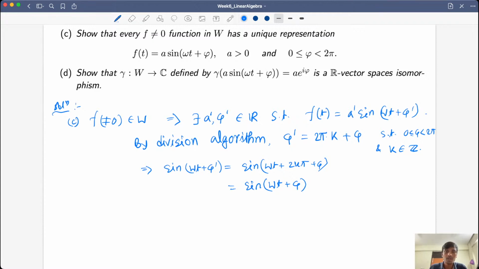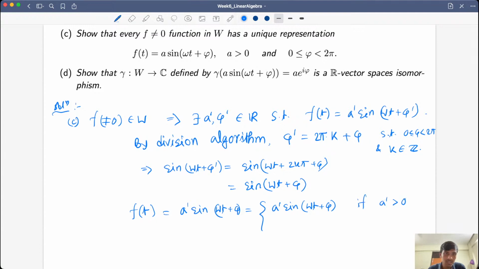Now if your a prime was negative, then I can write f(t) as a prime sine(omega t plus phi), and to make this a prime positive, take a prime sine(omega t plus phi) if a prime is greater than 0.